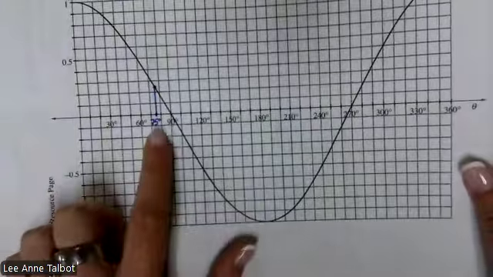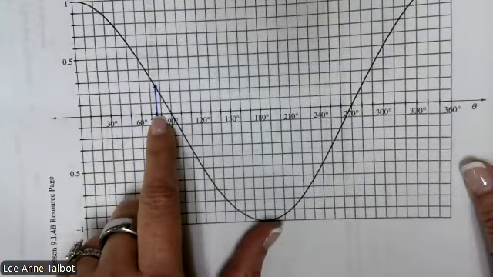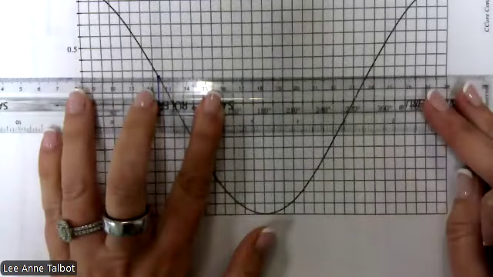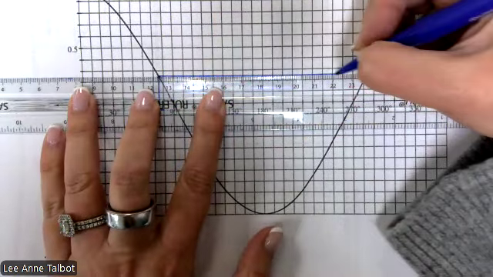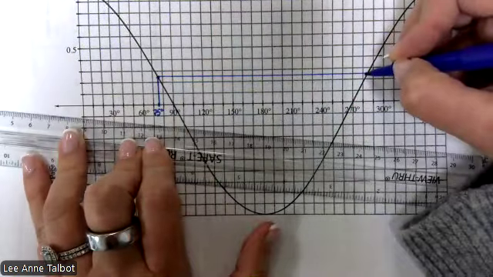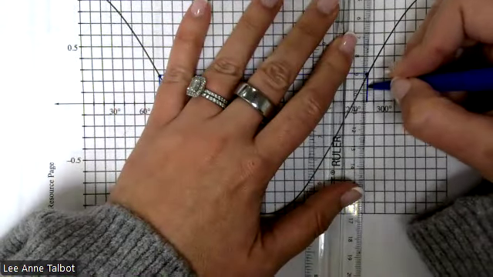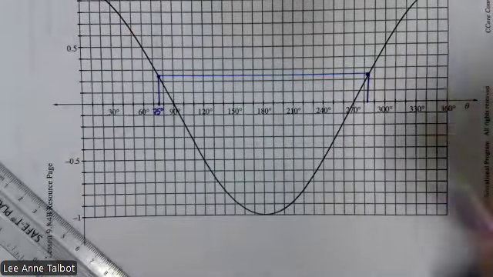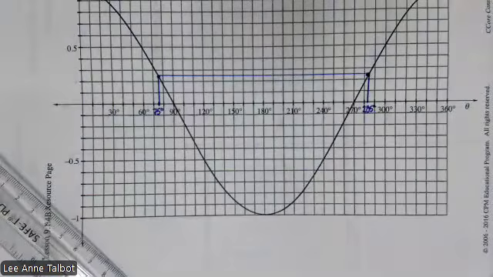Okay, so 0.259, and I really want you guys to relate this to the base of the triangle, not the height, but we're going to use the height to find another spot that's also 0.259 away. And this spot right here is 285 degrees, which jives with your fourth quadrant answer from the unit circle.